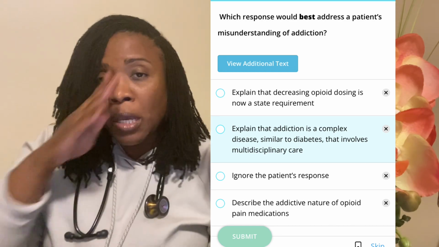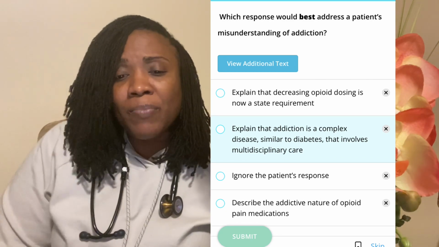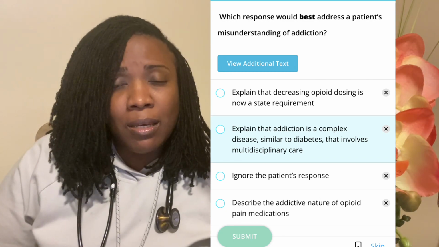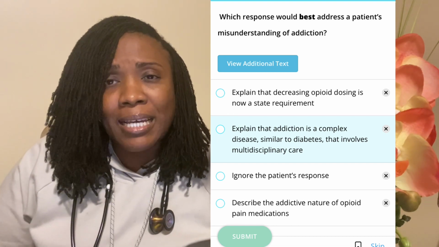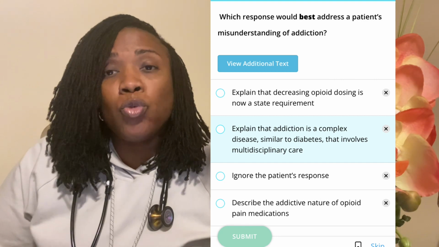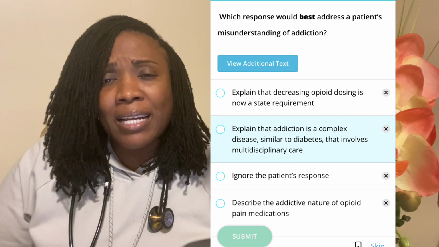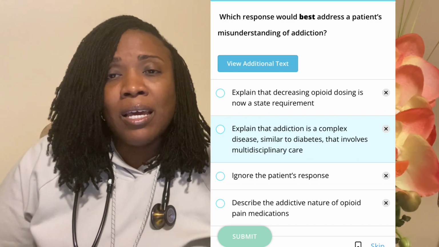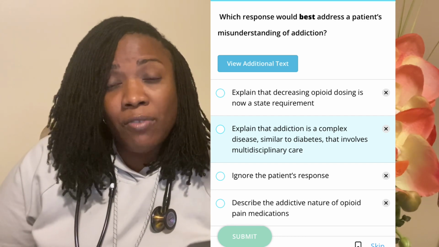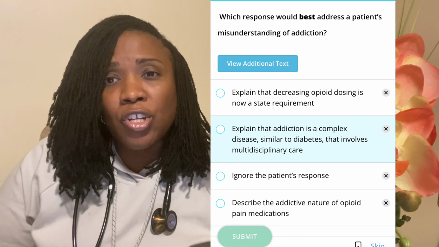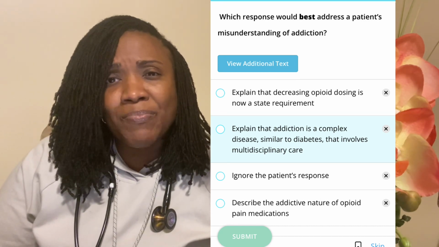So explaining the addictive nature of the opioid to a patient who's already addicted to the medication, though it is something that you do have to do as a provider, may not be the priority. As the provider, we do have to explain what the medication is, and though you know as a patient that you are addicted and that it is a medication that can be addictive, we do have to describe the addictive nature of the medication, but chances of the patient knowing that the medication is addictive and that they are addicted to it is pretty high.